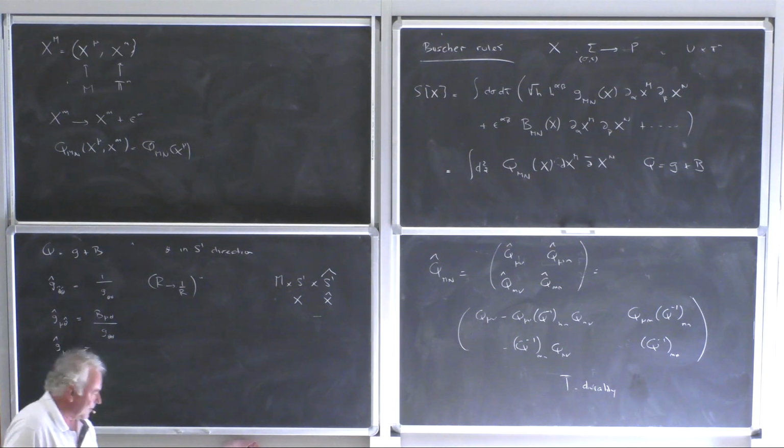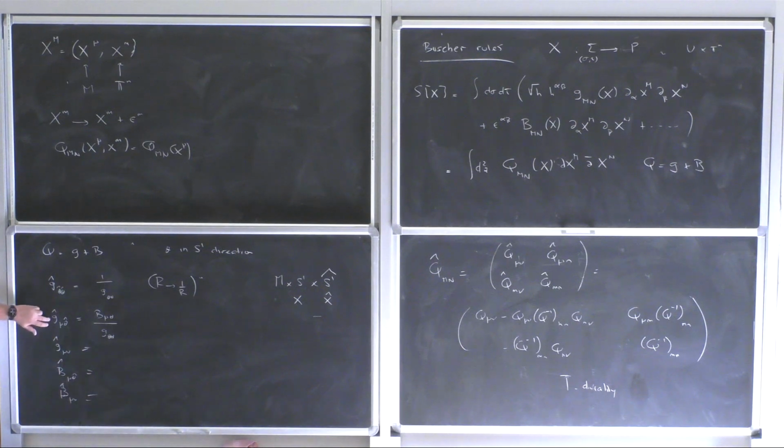But essentially what you see is that certain components of G get interchanged with certain components of B. And this is exactly what the global formulas did tell me. These components of G for a principal bundle are given by components of the gauge field. So the gauge field gets interchanged with components of the B field.